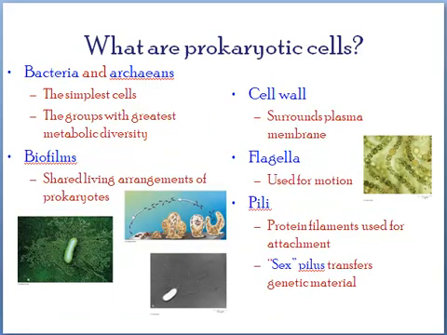Now, earlier in the beginning of this topic, we talked about prokaryotic and eukaryotic. Now we will explore the prokaryotic cell a little bit more in depth. Prokaryotic cells are very early cells. These cells are present in the domain Archaea, and also in the domain Bacteria. Within the bacteria and the archaea, the kingdom level has not been established yet, and they're still working on it. But these are the simplest cells.